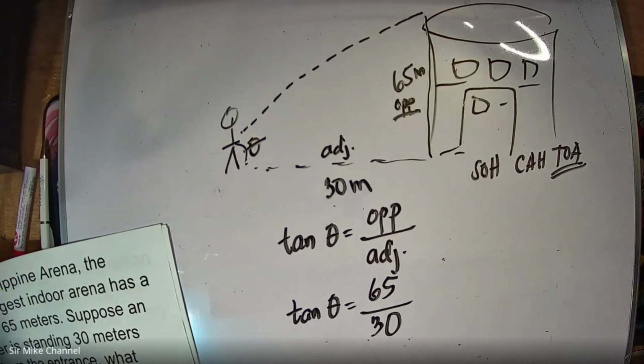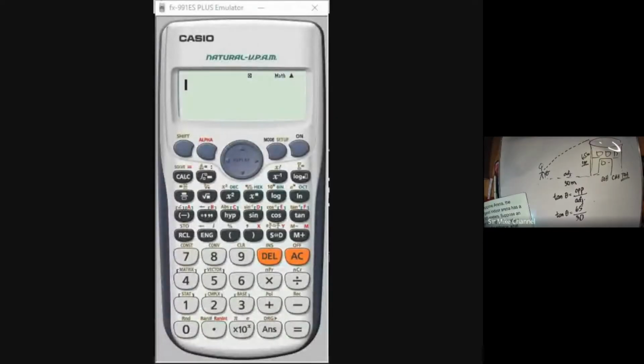Using our calculator, 65 divided by 30. Our answer is 2.166 and so on. Then we convert it to degrees. So we press shift, tangent, then the previous answer, and equals.